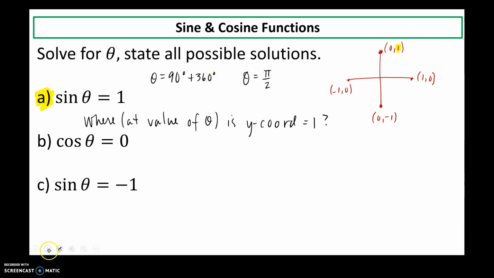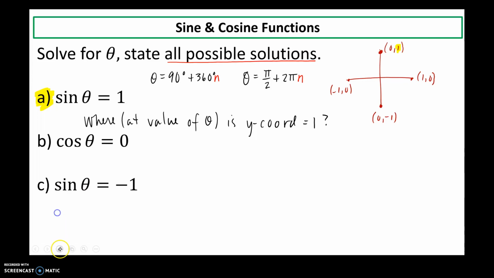And we represent that rotation using the letter N. So all possible solutions means I have to take into account every single infinite value for theta. If we're dealing with radians, one full rotation around the circle is 2 pi radians. And I have to put my N in there because it means I can rotate an infinite amount of times and always end up at the same point.